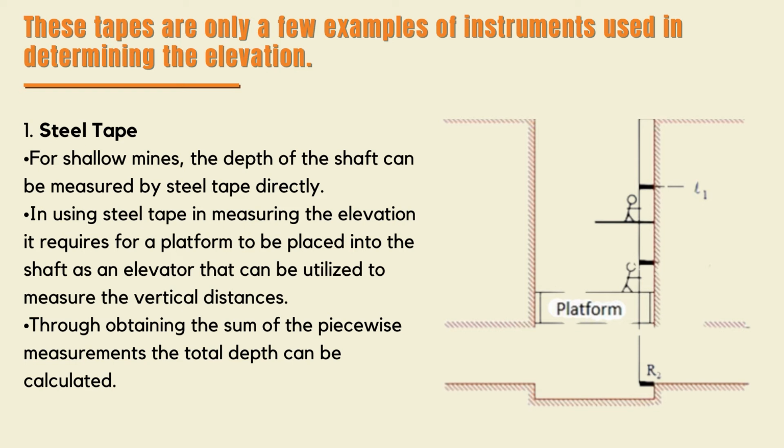For shallow mines, the depth of the shafts can be measured by steel tape directly. In using steel tape to measure the elevation, a platform is placed into the shaft as an elevator that can be utilized to measure the vertical distances. By obtaining the sum of the piecewise measurements, the total depth can be calculated.